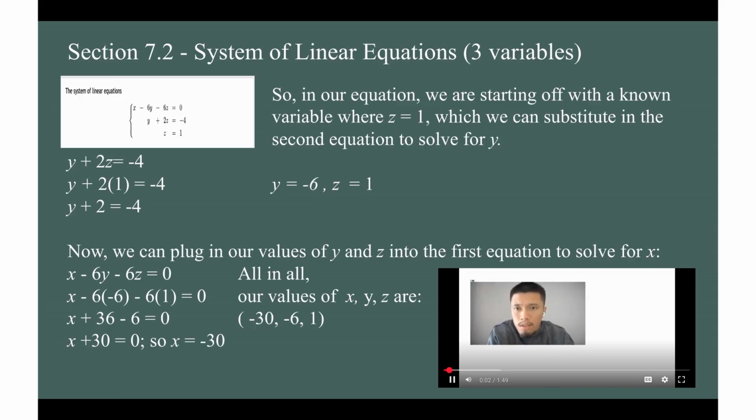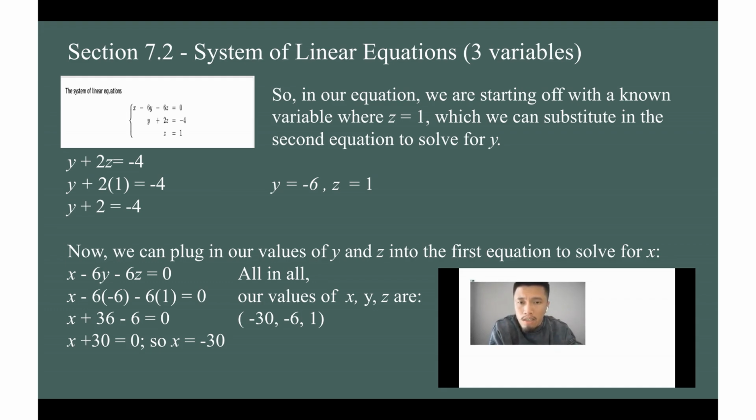So in chapter 7.2, system of linear equations, we have x - 6y - 6z = 0, y + 2z = -4, and z = 1. So in this equation, we have a known variable where z equals 1, which we could use to substitute into the second equation, y + 2z = -4.